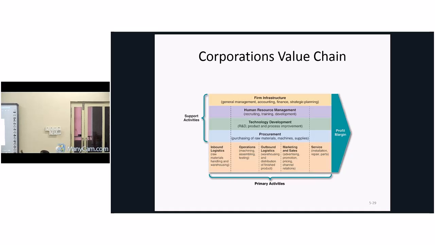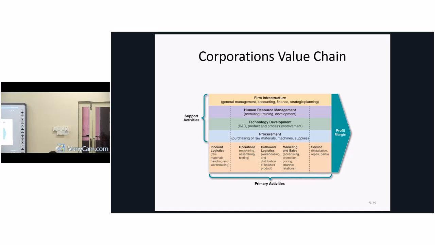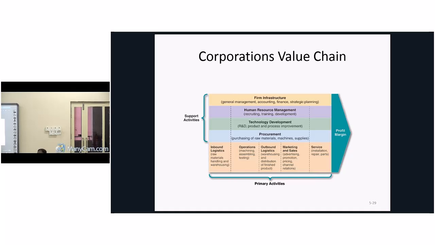Then operations. Any company has operations: machines, assembling and other testing operations. Then outbound logistics, again distribution, warehousing, distribution of finished products.